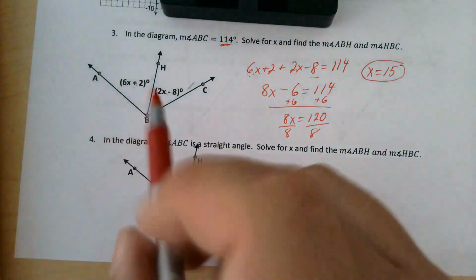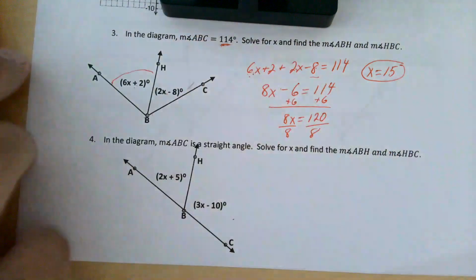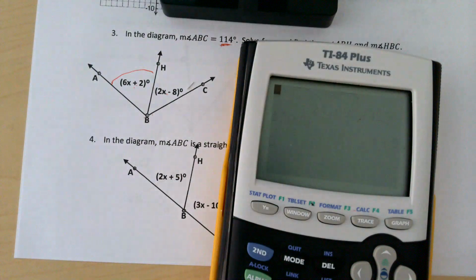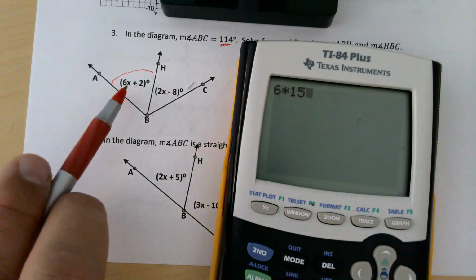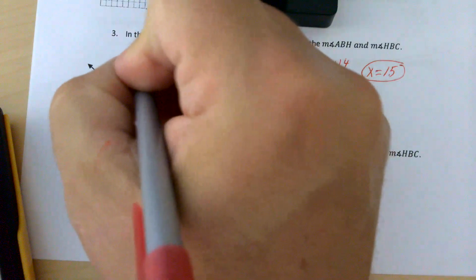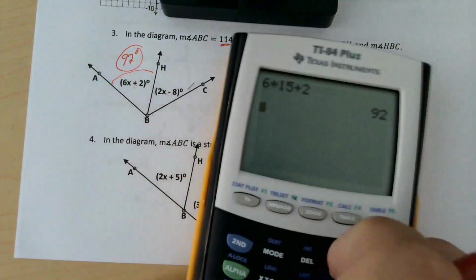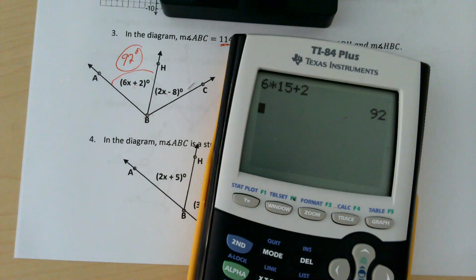Okay, now please don't stop there, because basically what I'm asking for is, what is the measurement of this angle? So angle ABH. And you can do that on a calculator. Now that we know that my x is 15, where I see the x, I put a 15. And just like that, we know this is 92 degrees. Now I could just take 114 minus 92 to find the other angle, but I'm going to type in 2 times 15, because 2x minus 8.